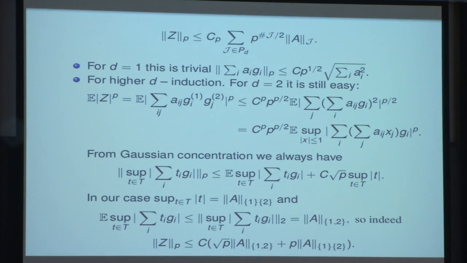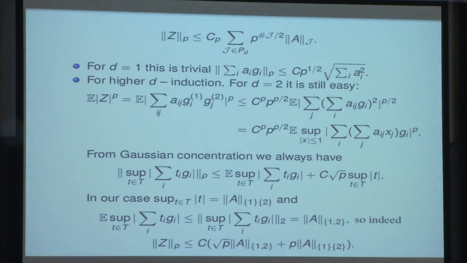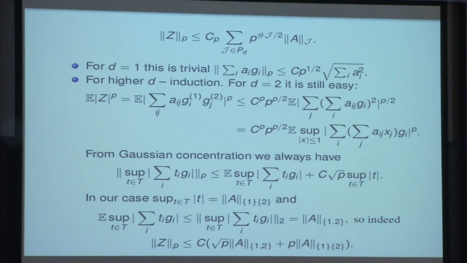And because of Gaussian concentration mentioned by Jelani, when you want to estimate the p-th moments of a supremum of such linear combinations of Gaussian variables, where the coefficients come from some set T, then in fact you reduce it immediately by Gaussian concentration to estimating the first moment. Why? Because this is a Lipschitz function of the G_i's.